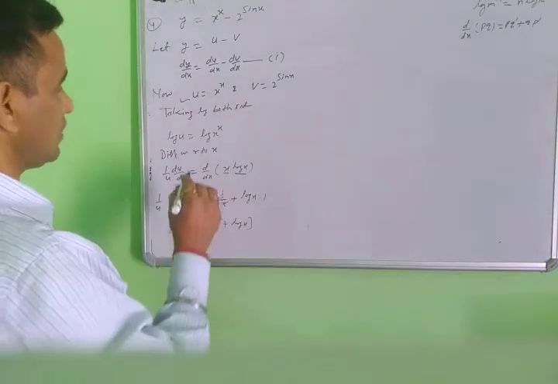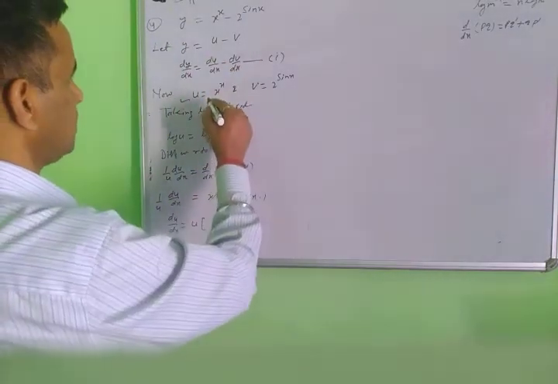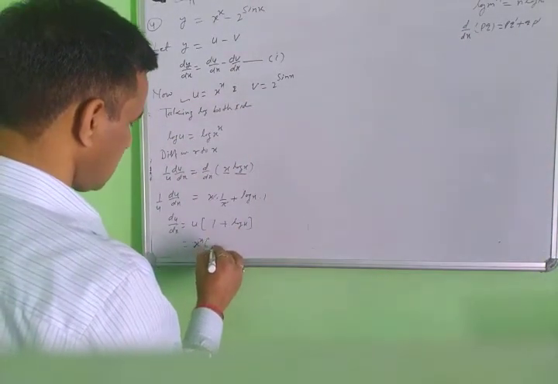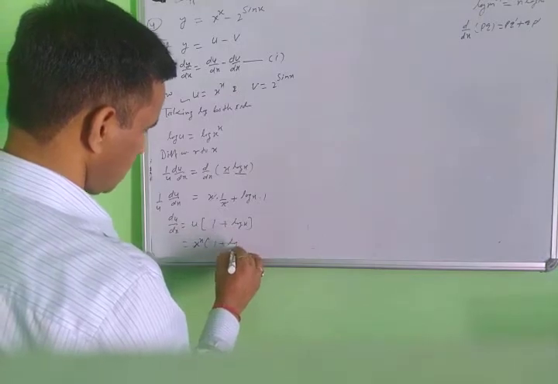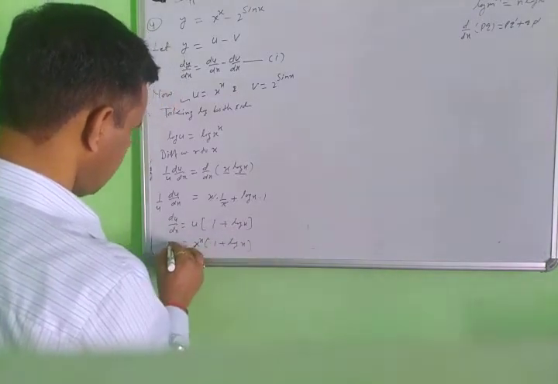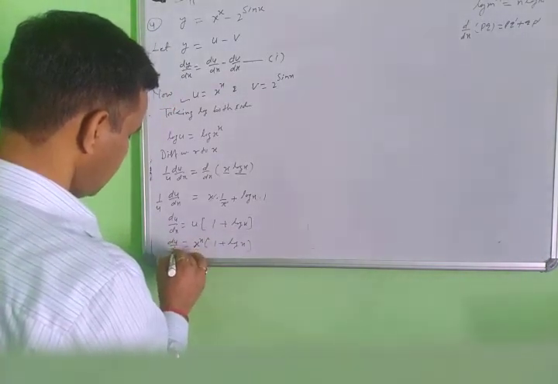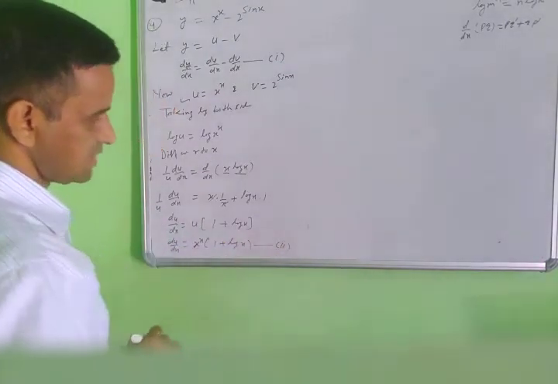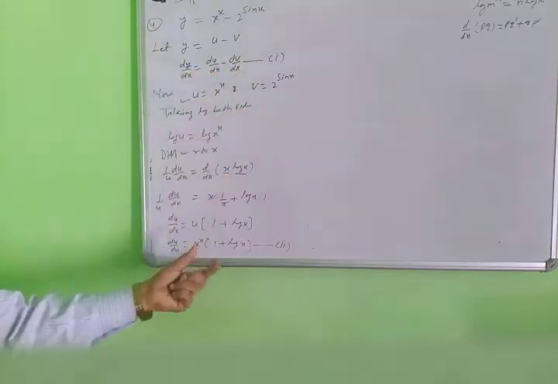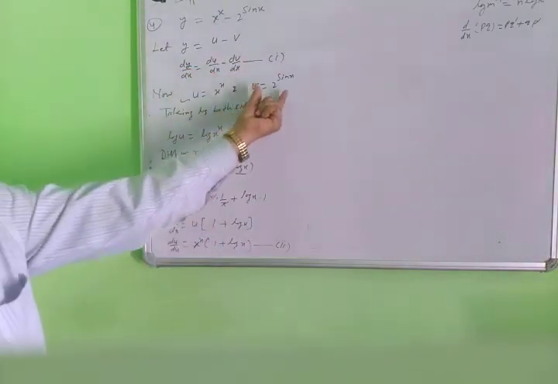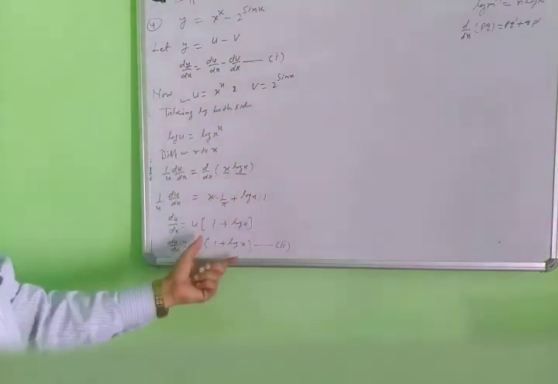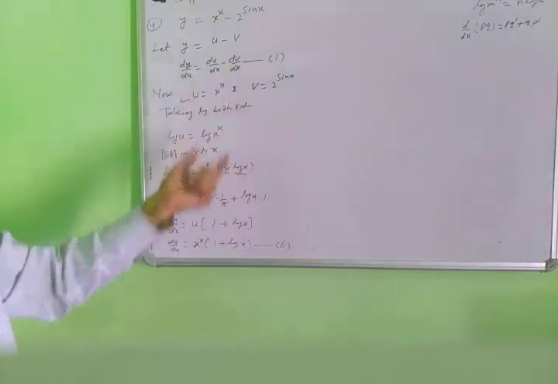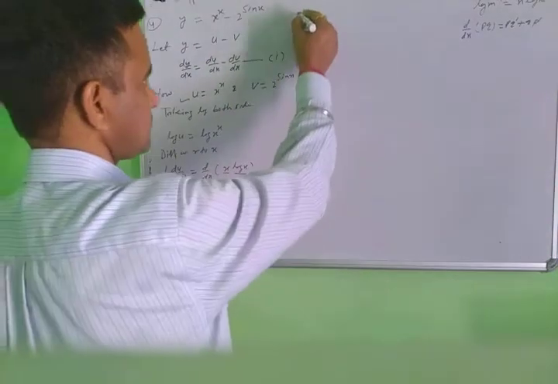Multiplying by u, x cancels. What is the value of u here? Putting x^x, du over dx equals x^x (1 plus log x). This is the value of du over dx, equation second. Now put the values of equation second and third in equation first, then your final answer.